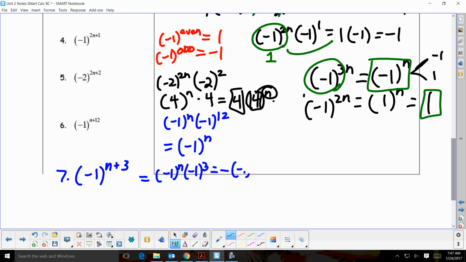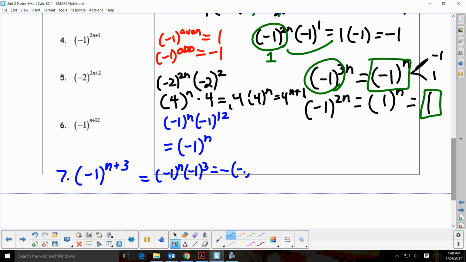But this helps us more. If he said, could I write it like this? Absolutely, but it won't be beneficial for us as we get into all of our tests.